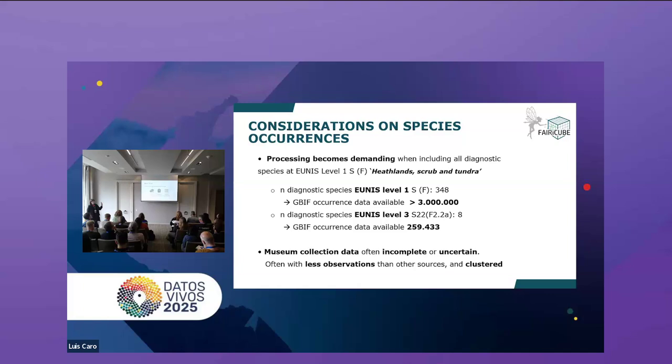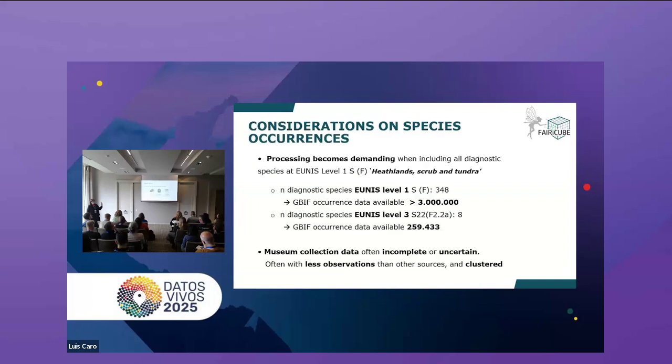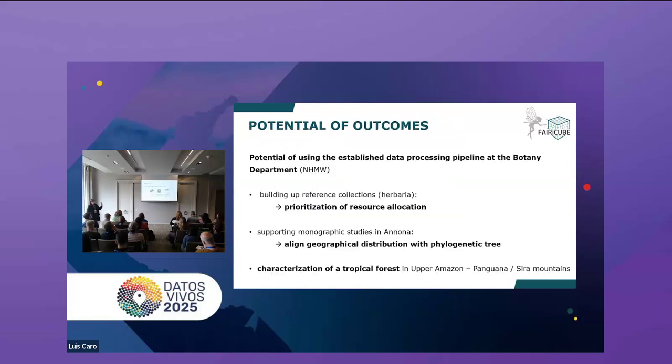And also what we could learn from this is that the museum collection data are often incomplete in terms of coordinates and uncertainty in coordinates. And also we have way fewer observations in comparison to survey data and citizen science, and also often clustered. So not the best data for the distribution map, but still taxonomically correct and still useful.